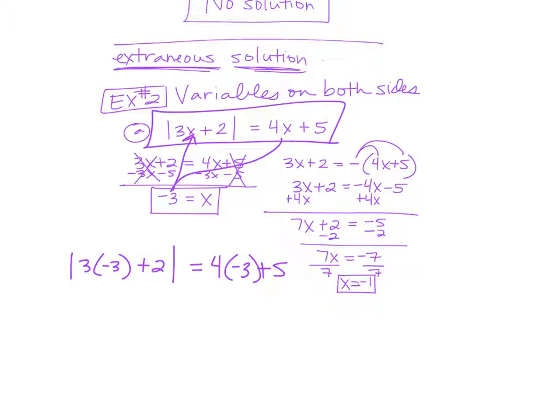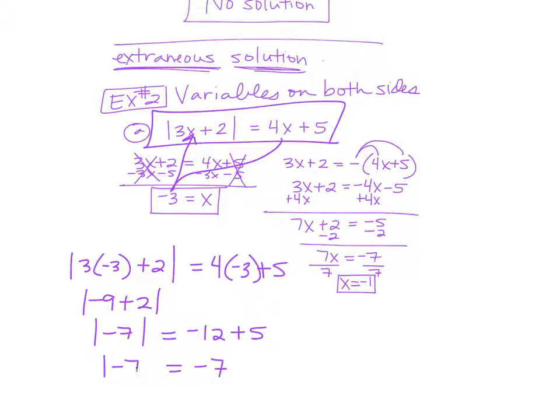Okay, simplify that. This is negative 9 plus 2. So negative 9 plus 2 is a negative 7 absolute valued. And then 4 times a negative 3 is a negative 12 plus 5. What's negative 12 plus 5? Negative 7.